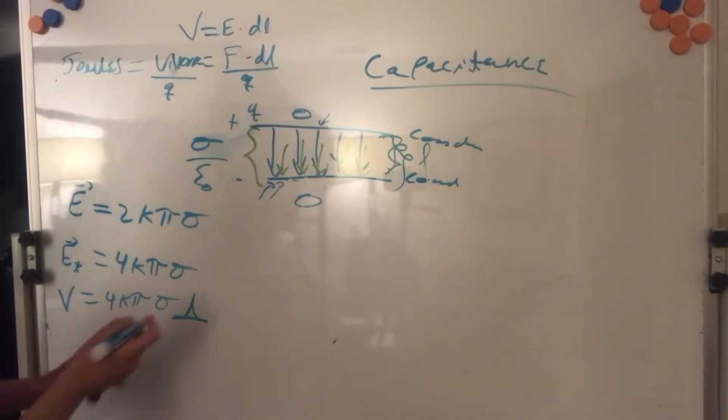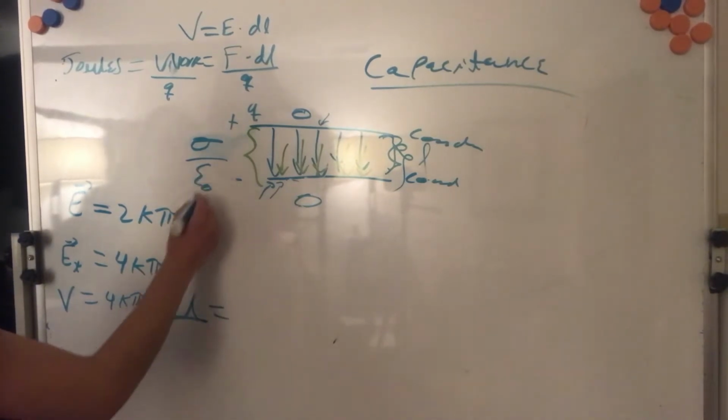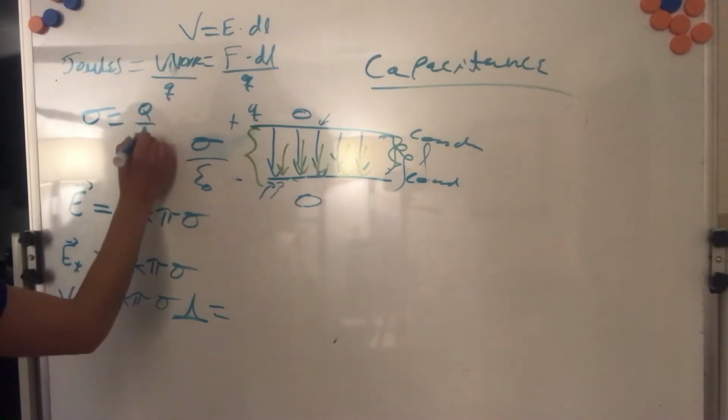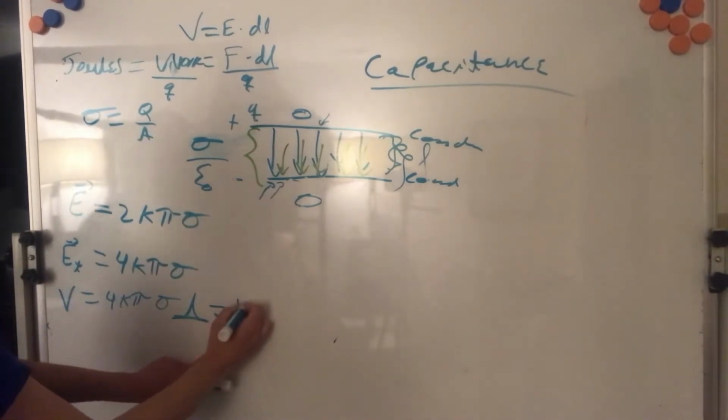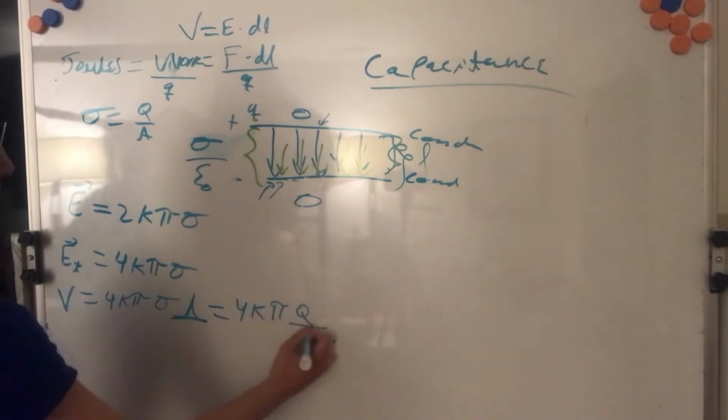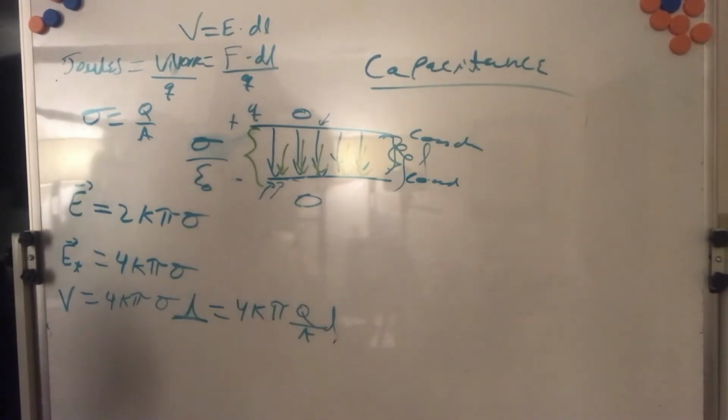The electric field would also be, if sigma is equal to the charge divided by area, 4 times k times pi times the charge divided by area. Times the distance of separation gives the voltage.